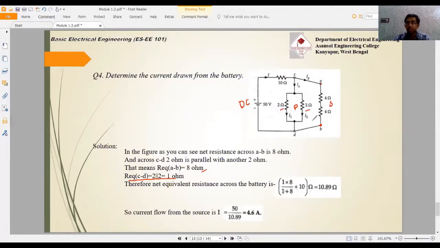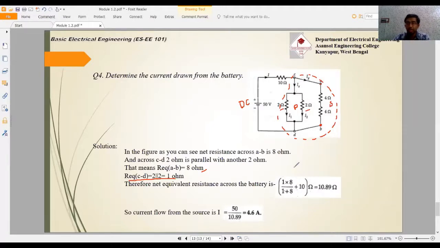Clear? Now this 8 ohm and this parallel system are also in parallel. So net equivalent resistance of this system will be 1 into 8 divided by 1 plus 8.